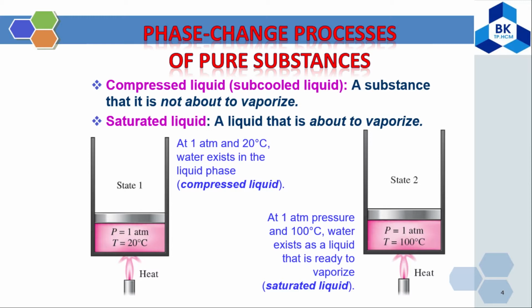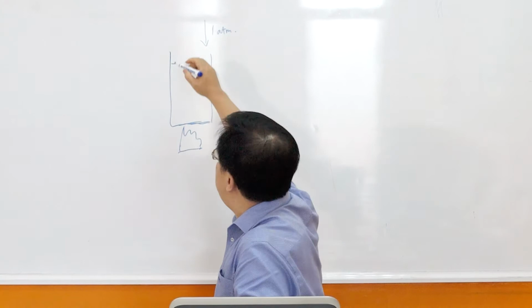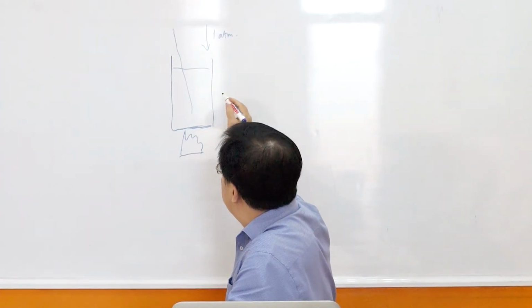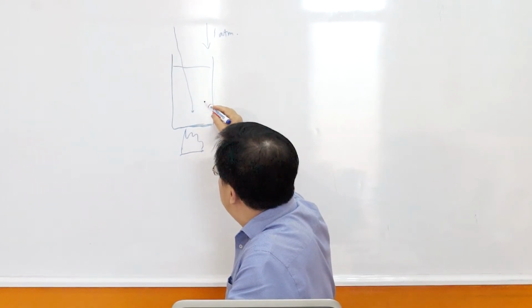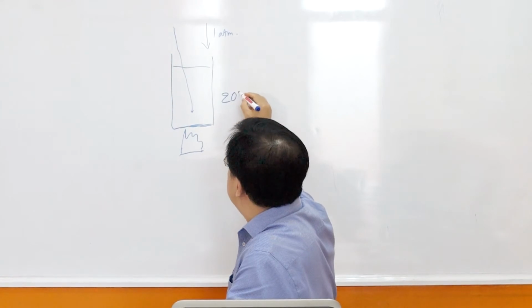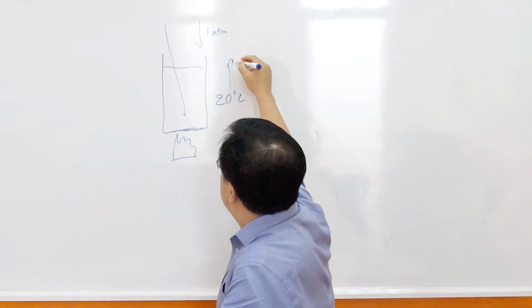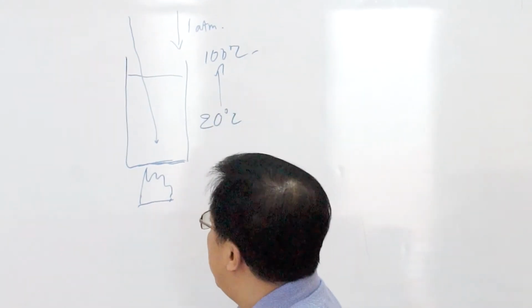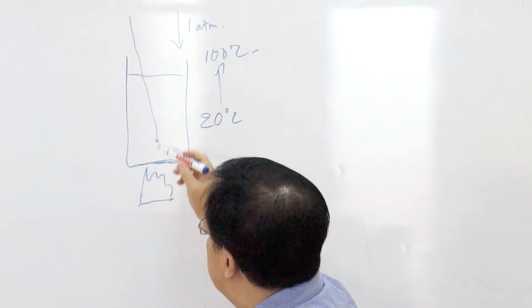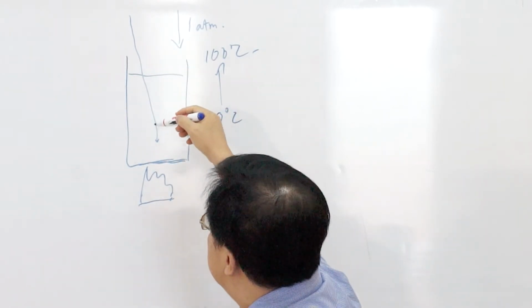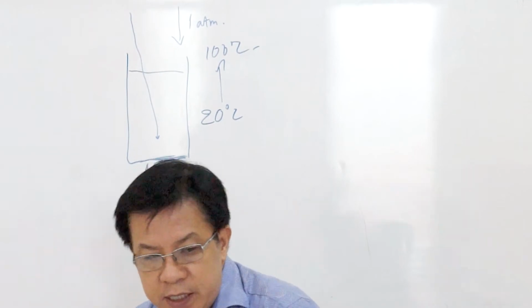As usual, when you put the thermometer in, you see the water become hotter and hotter. For example, it starts at 20 degrees, and when it goes up to 100 degrees, it starts to boil. And when it's boiling, you still heat the water, but the temperature doesn't increase.